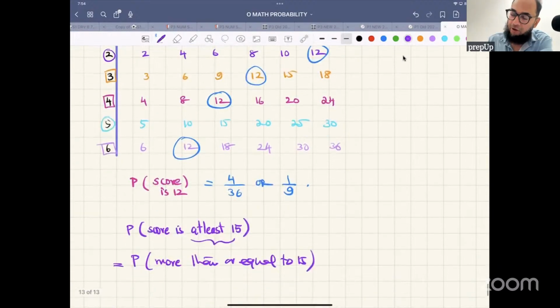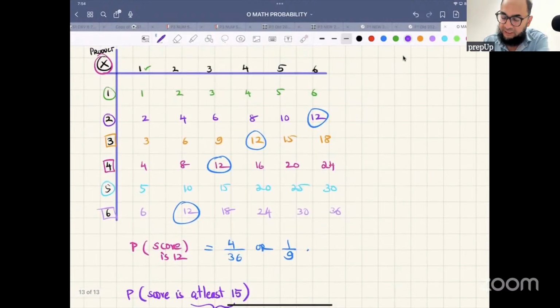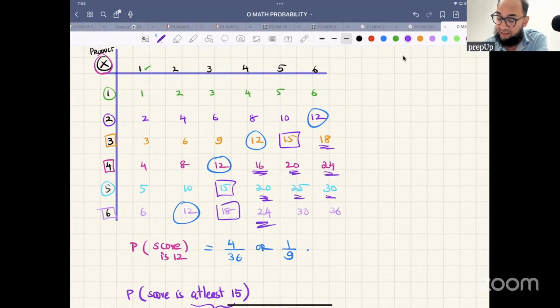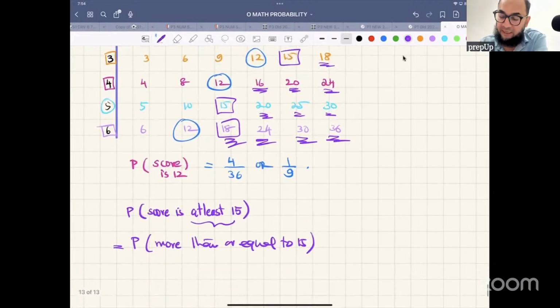Now how many 15s do you see? You see a 15, another 15, next one is 16, 18 fills this criteria, 20 is there, 24 is there, 25, 30, and then 18 is there, 24 is there, 30 is there, 16 is there. So all these ones are at least.